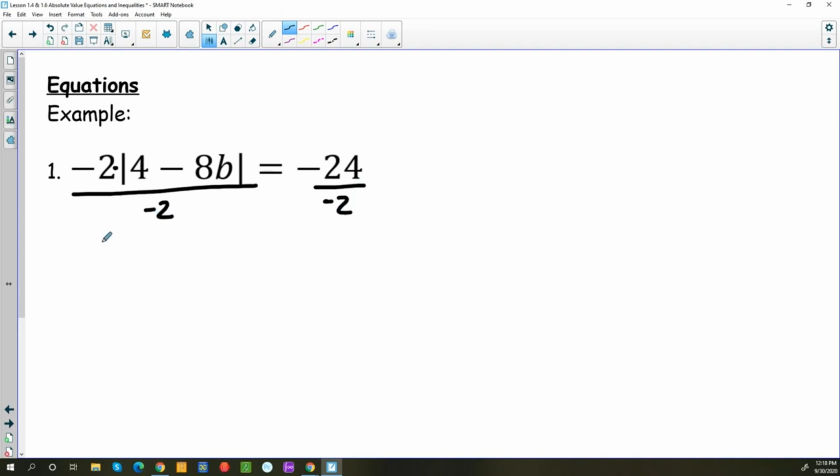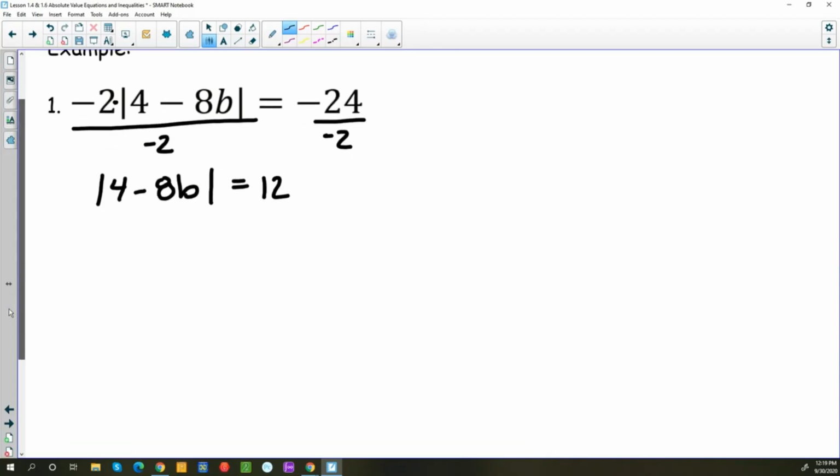Once we do that, we have the absolute value of 4 minus 8b is equal to -24 divided by -2, which is 12. Now what happens with absolute value? Absolute value is the distance from 0. You have worked with it in the past.